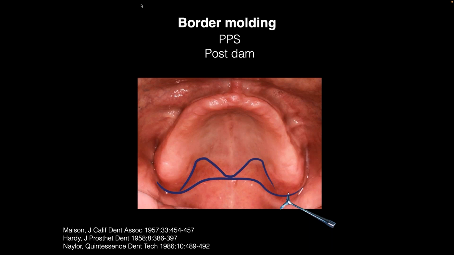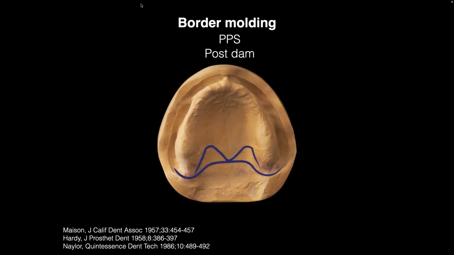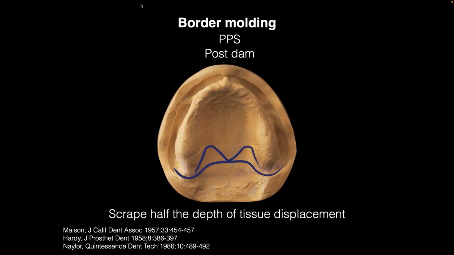Many dentures have come to me over the years, and the patient has been complaining about retention, and I look at it and they don't have a post-dam, or they don't have a proper post-dam. That's why post-dam is very, very important for retention.